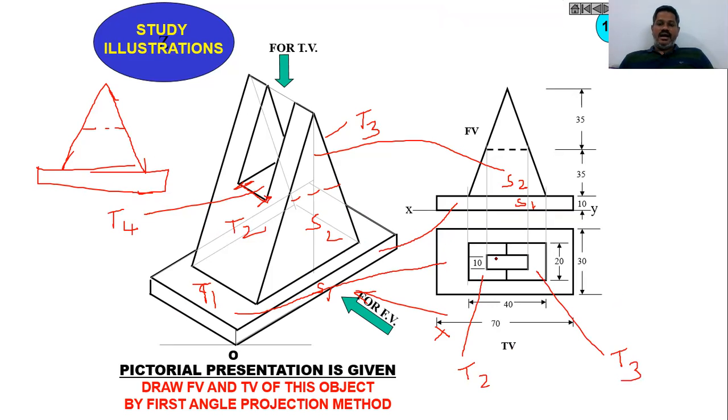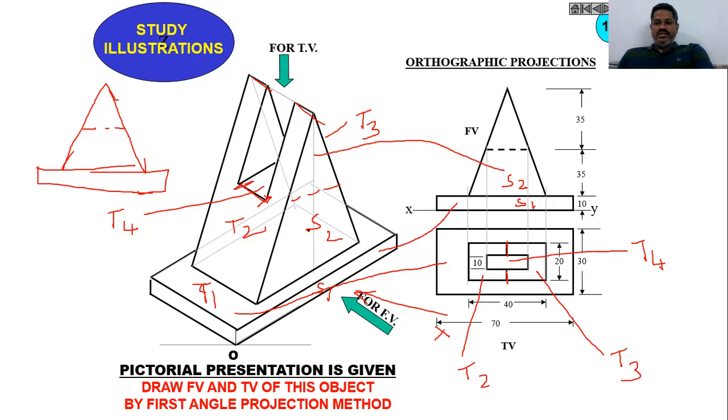Then we have T4 here, and this is our T4. Finally we have edges here. These two edges you can also see as dark lines or sharp edges. So this is the front view and top view of the given mechanical or engineering component.